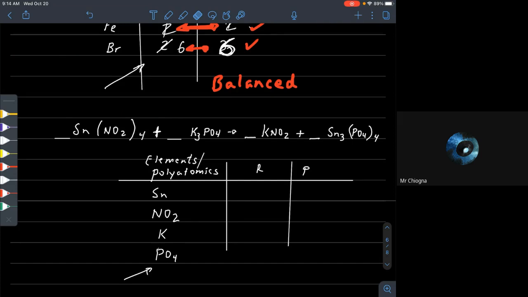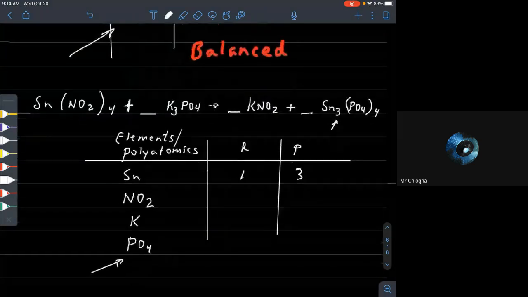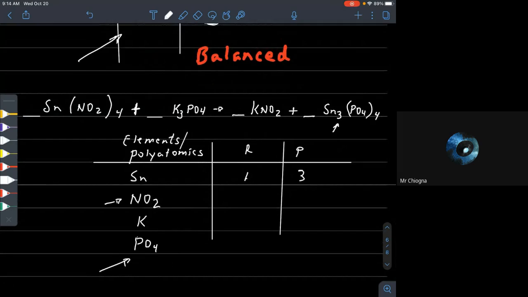Okay, so 10. 1 on the reactant side. How many on the product side? 3. To start with, we can change these later by putting a coefficient in front, but to start with, this is a nitrite. 4 on the left.